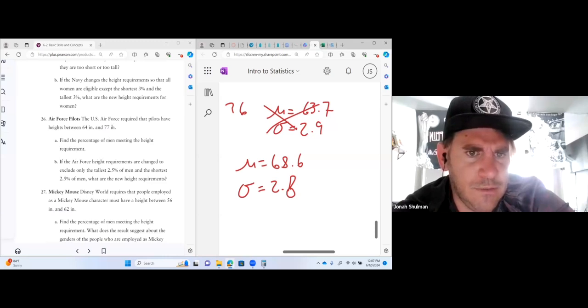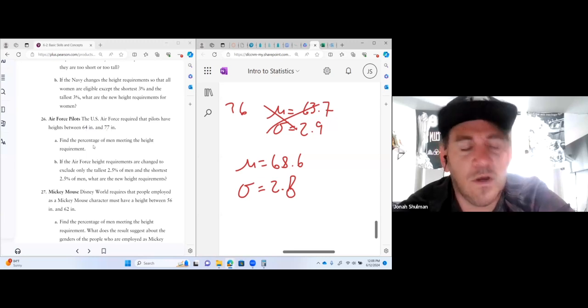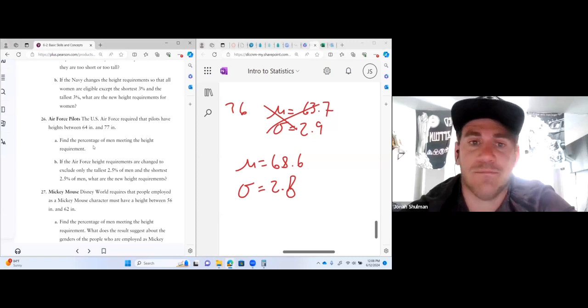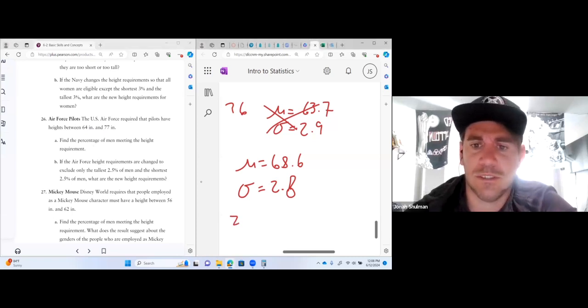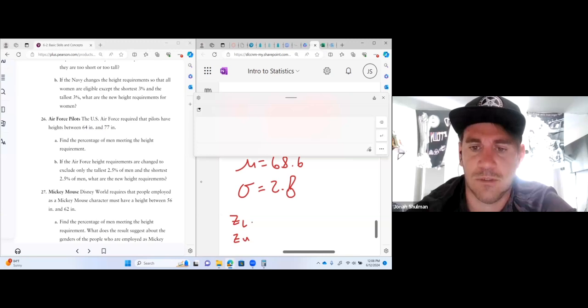All right, so the Air Force required pilots to have heights between 64 and 77. So find the percentage of men. This is the between, so we need two z-scores, a z for the lower and a z for the upper. So they want the men.